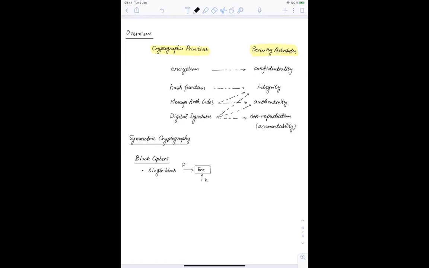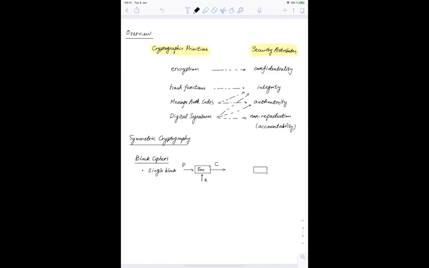I used P here. And this algorithm outputs the ciphertext. I denote it as C here. This is the encryption process. When it comes to the decryption process, it's like a reverse operation.